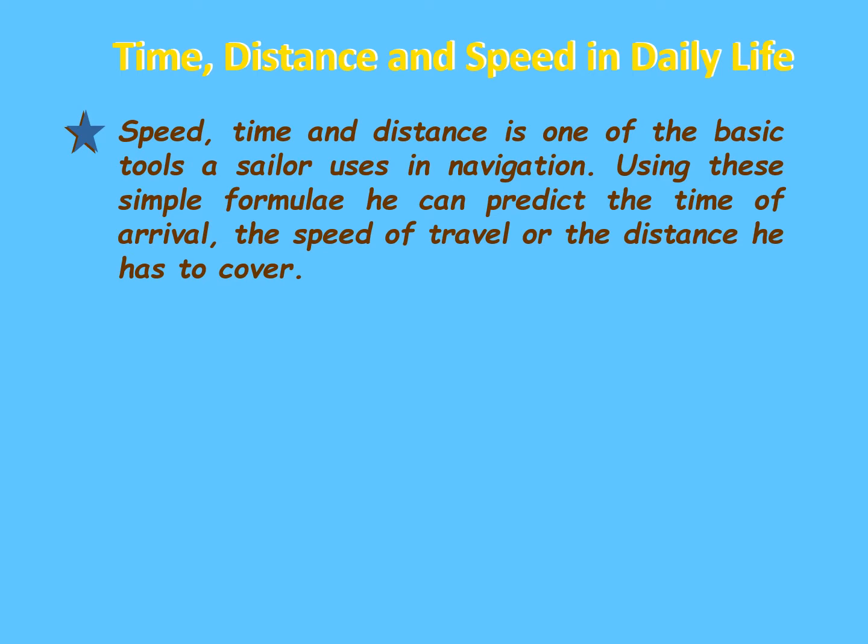Using this simple formula, he can predict the time of arrival, the speed of travel, or the distance he has to cover. So that is one of the importance of time, speed, and distance in our daily life. They help navigators predict the time of arrival, the speed of travel, or the distance they are going to cover.